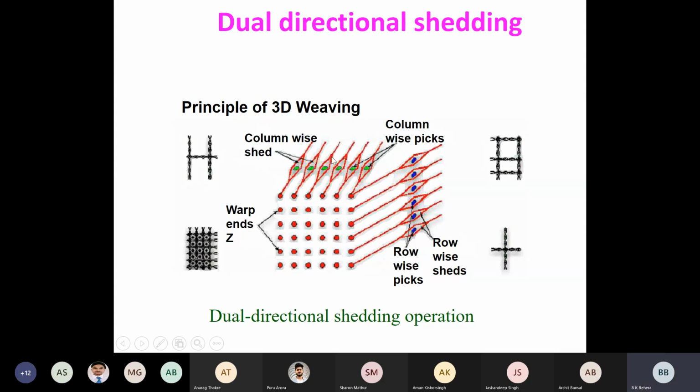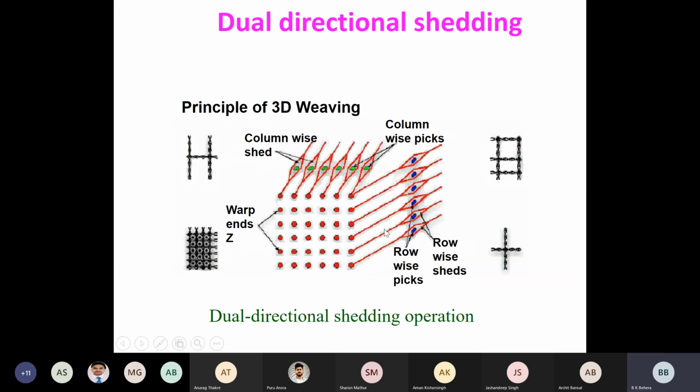These green weft yarns are inserted from top to bottom vertically. In the next cycle, the same warp yarn makes a horizontal shade. We call it row-wise shade, and we insert row-wise picks horizontally. All these blue dots are horizontal picks. That is how this principle is called dual directional shading operation.